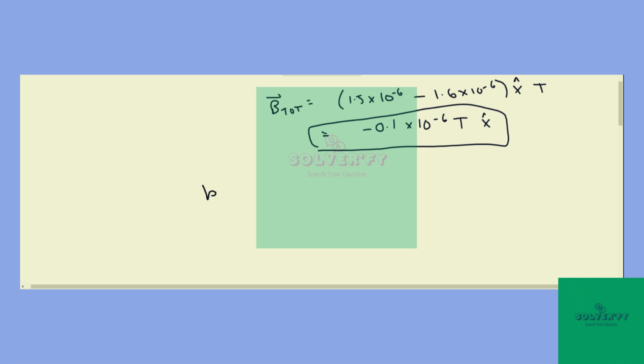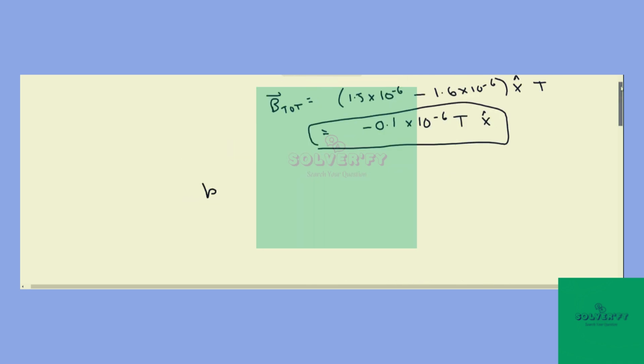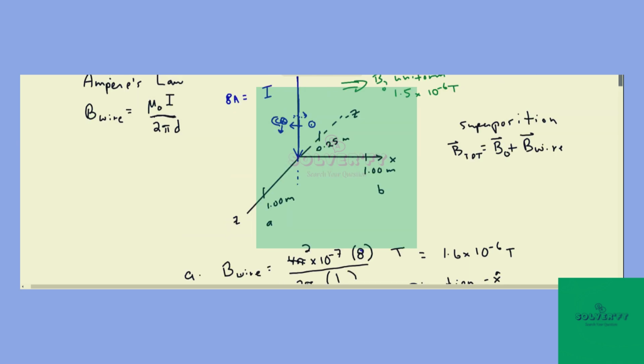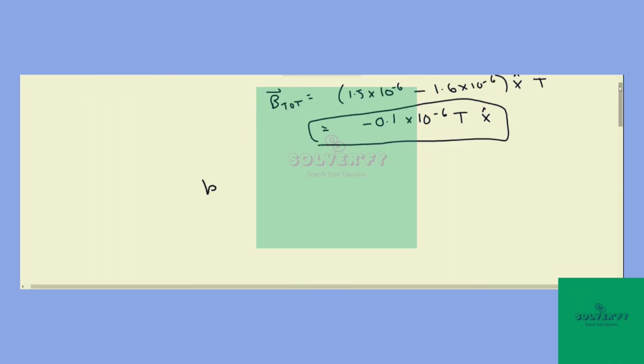Okay, point B is at a distance of 1 meter on the x-axis. And let's just check the direction on that. That is in the positive z direction. For the wire magnetic field, the magnitude is the same as before because we're still a meter away.